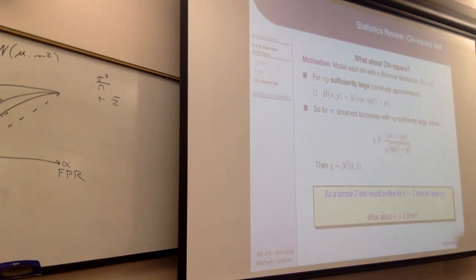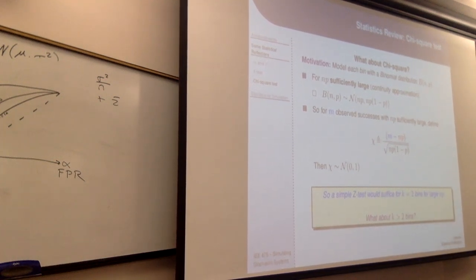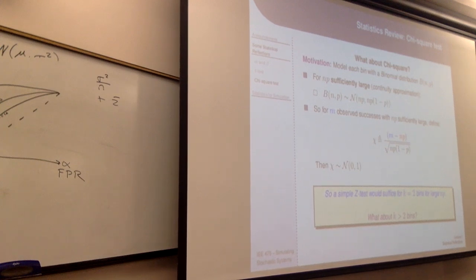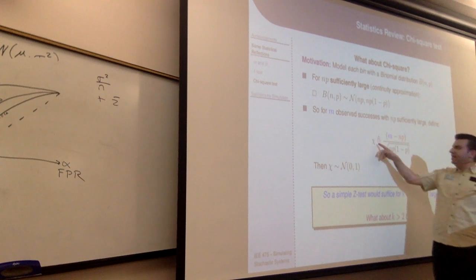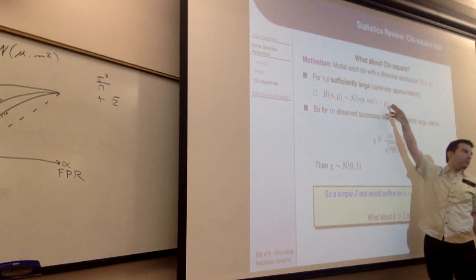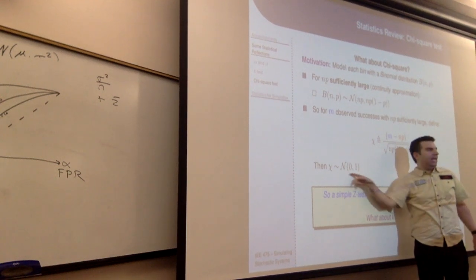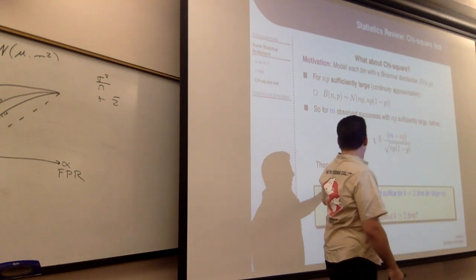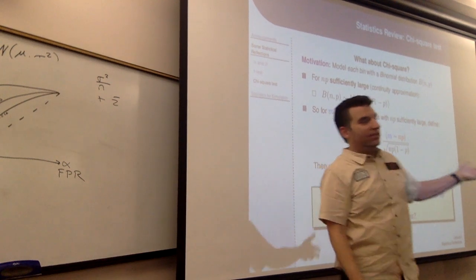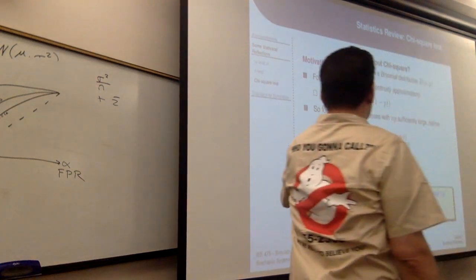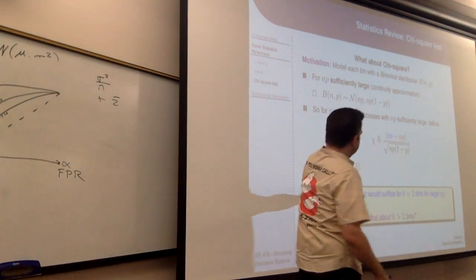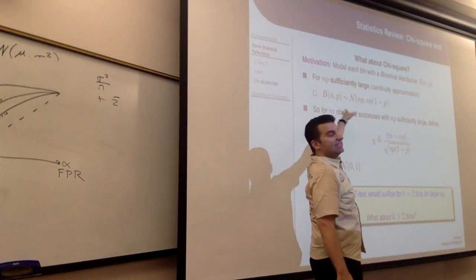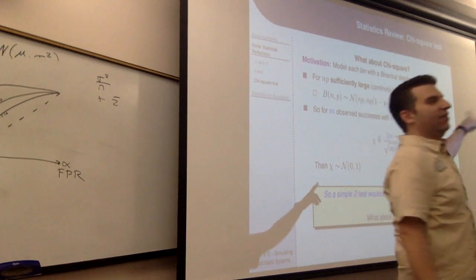Chi is just the standard score of how many things land in the bin. Since I've standardized a normal, I get a standard normal out. So chi is distributed like a normal with 0 mean and 1 variance. A simple z-test would suffice instead of a chi-squared test if I only had 2 bins.